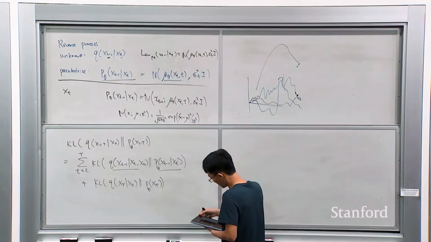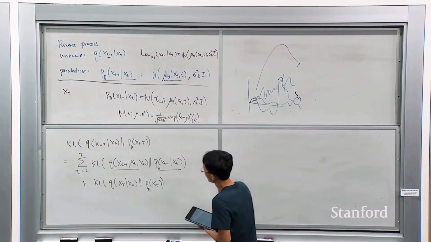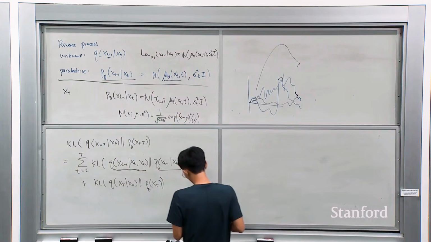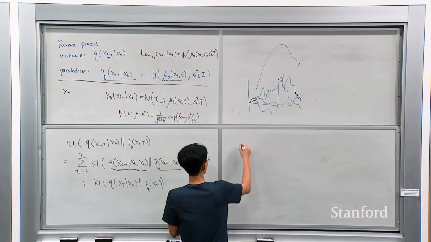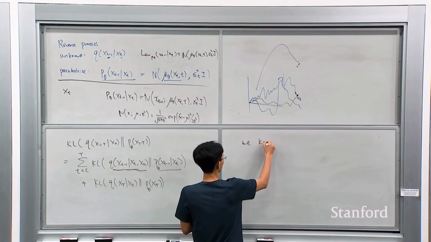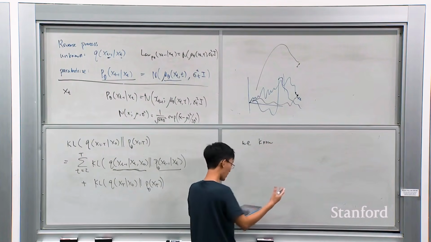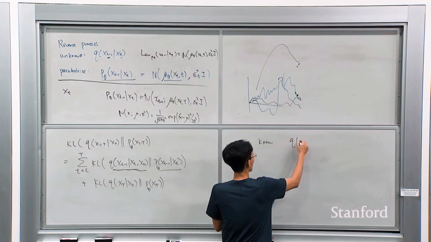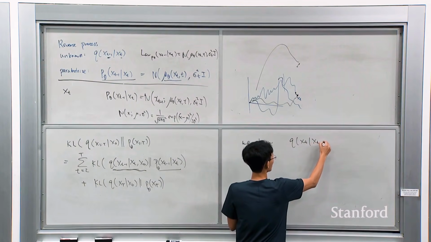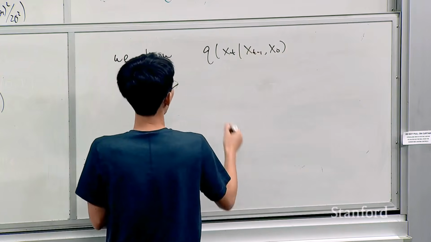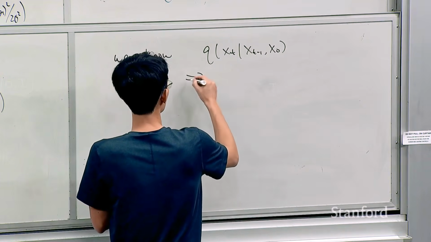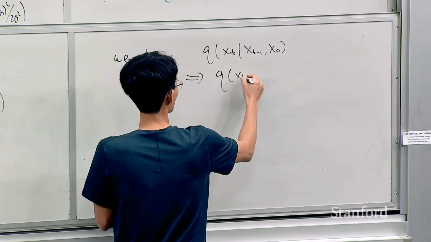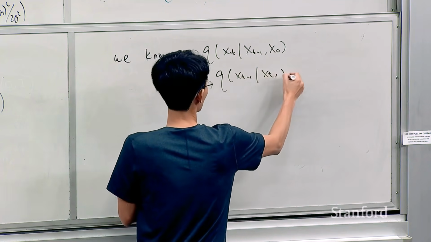So let's be a little more precise. What is this one? We know very precisely almost everything about Q if you condition on x0. So basically, you know Q of xt given xt minus 1 and x0, and this is enough to get you Q of xt minus 1 given xt and x0.